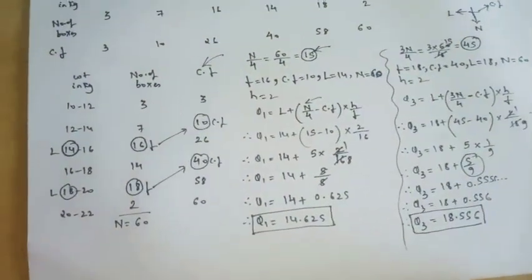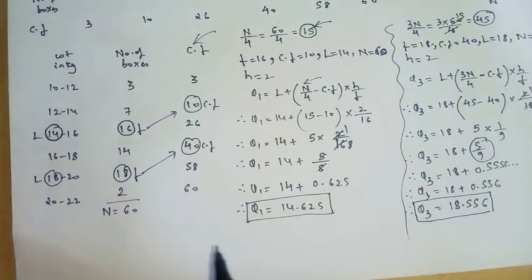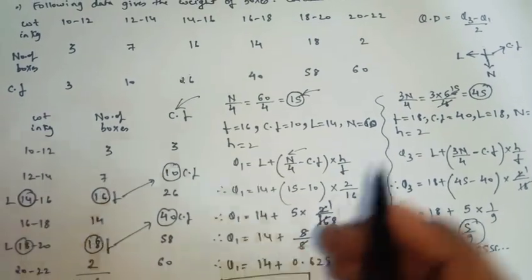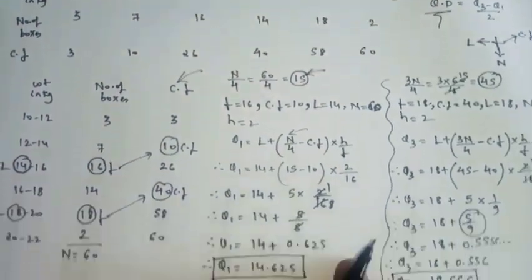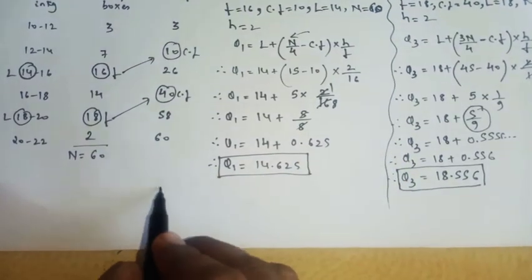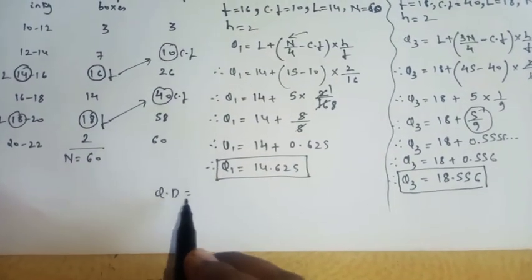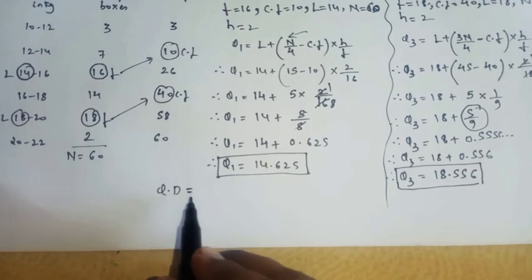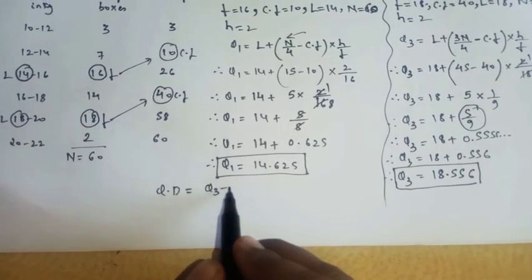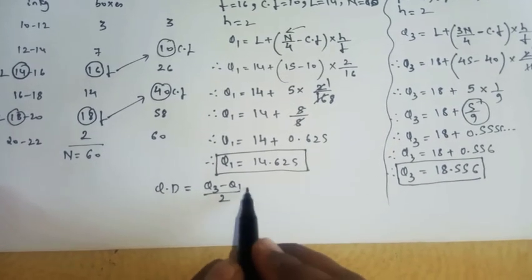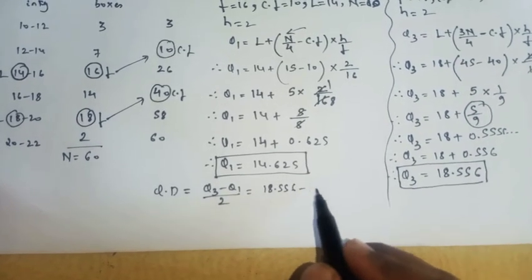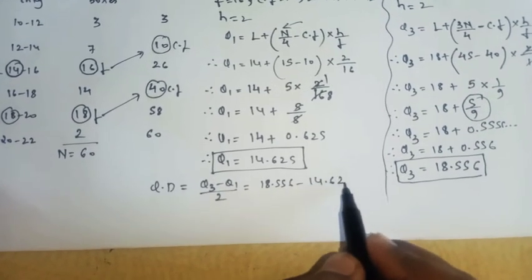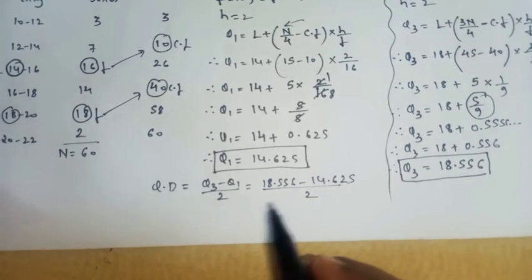But for this sum we required QD, as we have to find QD, yes or no, calculate QD. So the QD formula is QD equals Q3 minus Q1 upon 2. So Q3 is 18.556 minus 14.625 upon 2.